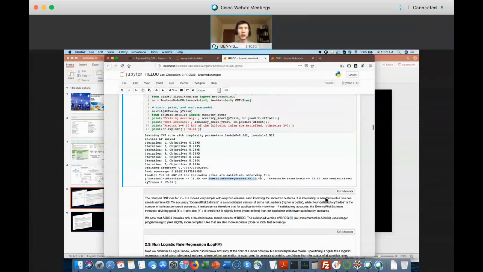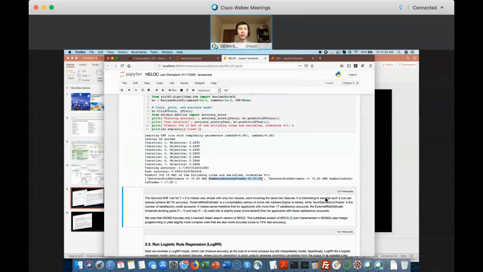Number of satisfactory trades: think of this as roughly the number of accounts or credit agreements that a customer has. If you have a credit card or a car loan, each of these would be considered a trade. And satisfactory just means that you've made at least one on-time payment for this credit agreement.